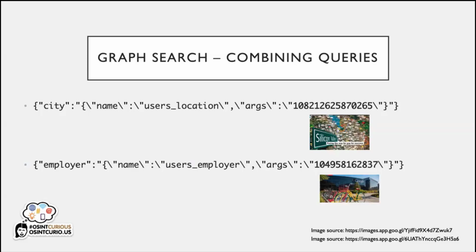This one requires an ID number. So we put our ID number in that last section. Make sure you leave the quotes exactly where they are, the slashes exactly where they are. You just plug in the ID number. Same thing for the employer. You get the little bit of JSON that says where somebody works, and you plug in the ID number of the employer you're looking for.